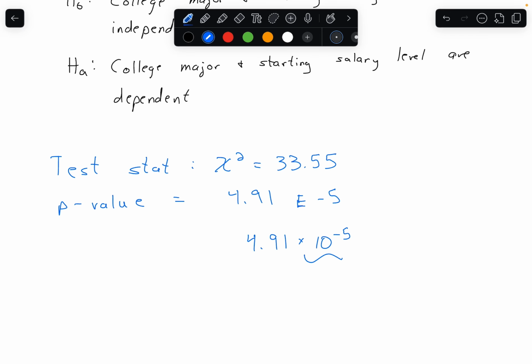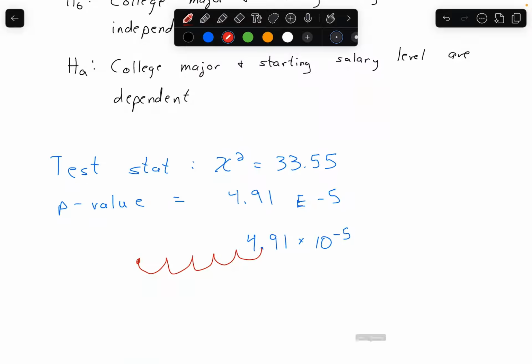But it's this 10 to the minus 5 that is going to potentially cause a little bit of confusion. What's really going on here is, if I take this decimal, when I see that times 10 to the negative 5th, what that means is I'm going to take that decimal and move it to the left that many times. So in this case, I'm going to move it to the left 1, 2, 3, 4, 5 right here.